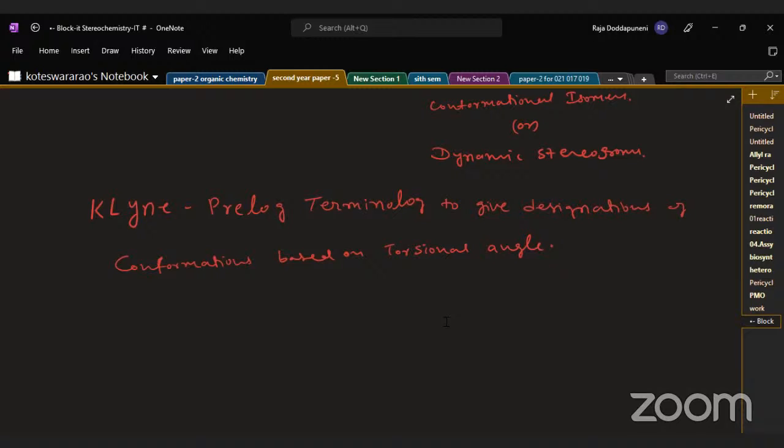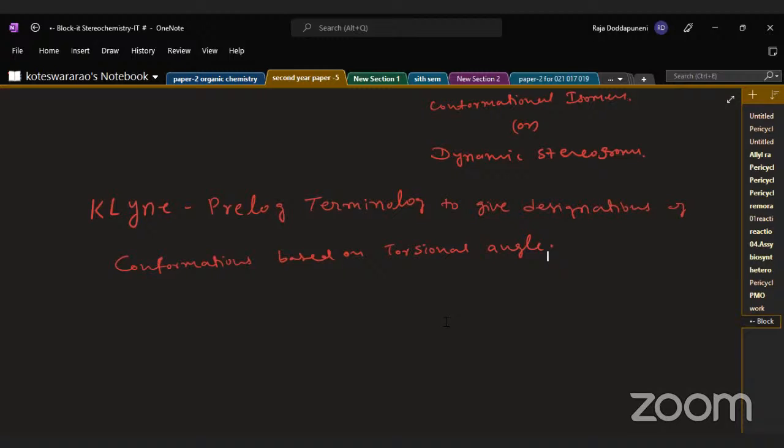Based on the arrangement of those groups or atoms, we can give the torsional angle for that molecule. If all the substituents on the carbon atoms are different, the sequence rules, that is the CIP rules, are applied. That sequence rule gives the preferred group, and that preferred group is selected.